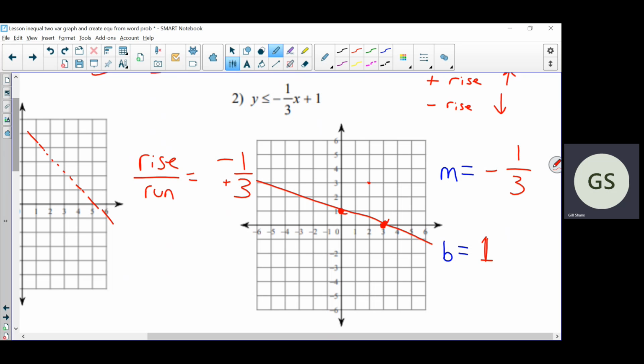If you know one point on this side is not a solution, then no points are solutions. You can't have some solutions over here and some solutions over here. It's all or nothing. One side has solutions, one side doesn't. Can't mix and match. Doesn't work that way.